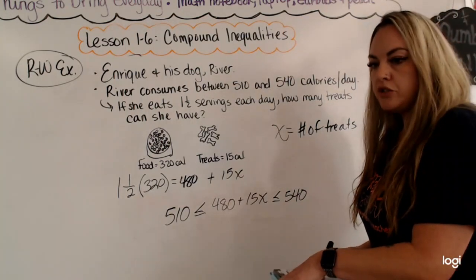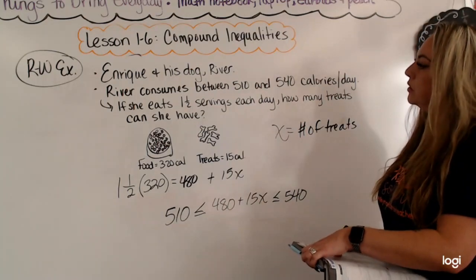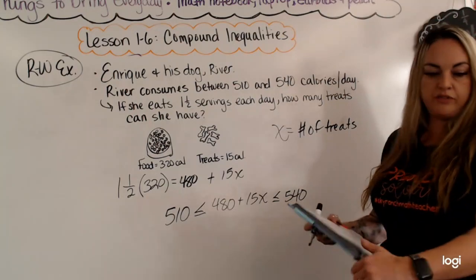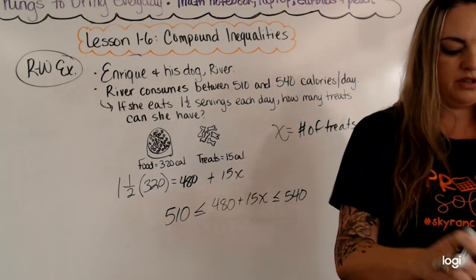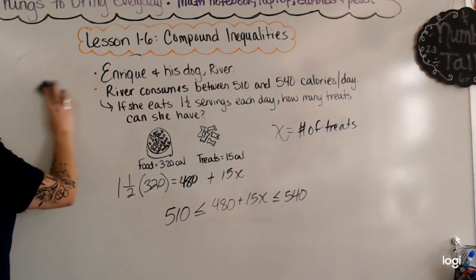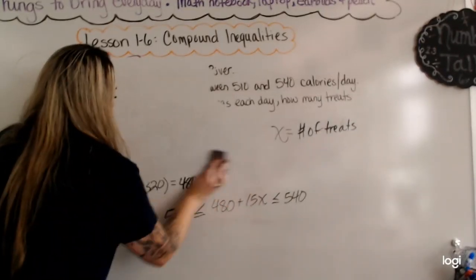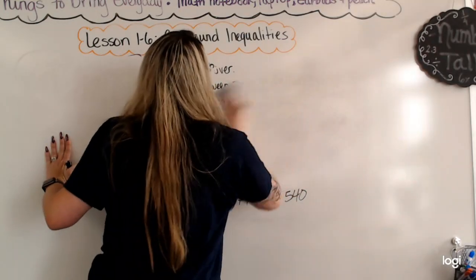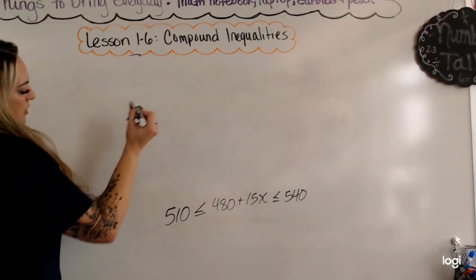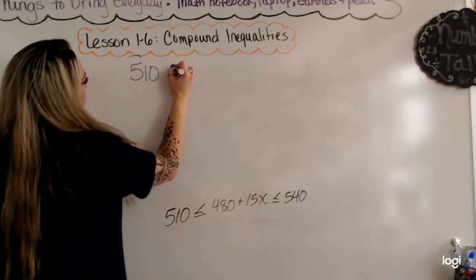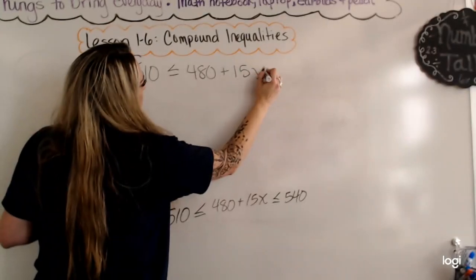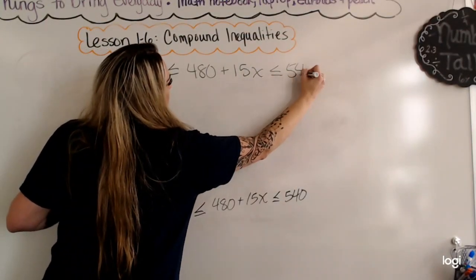I'm going to erase this and rewrite it so we have room to solve and graph. So again, if you need to pause to get the information down, go ahead. Okay. So we have 510 is less than or equal to 480 plus 15x, which is less than or equal to 540.